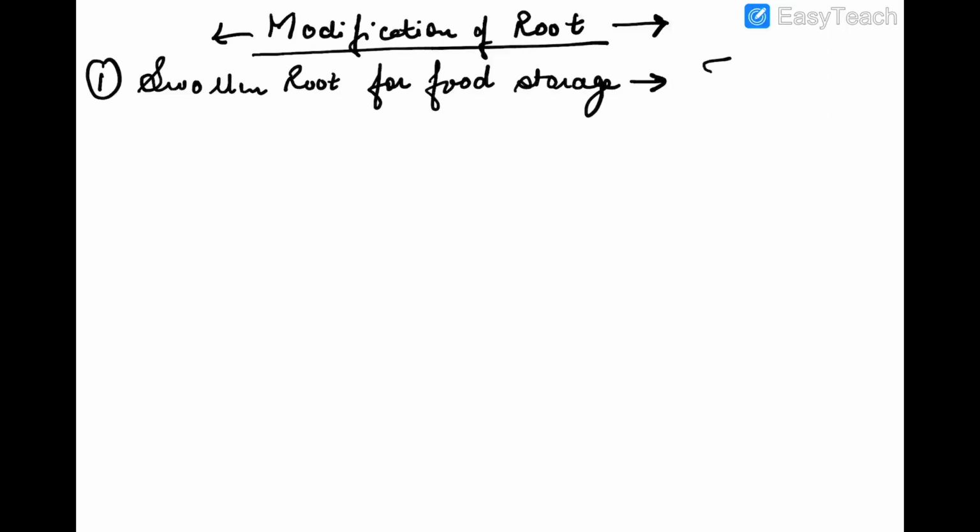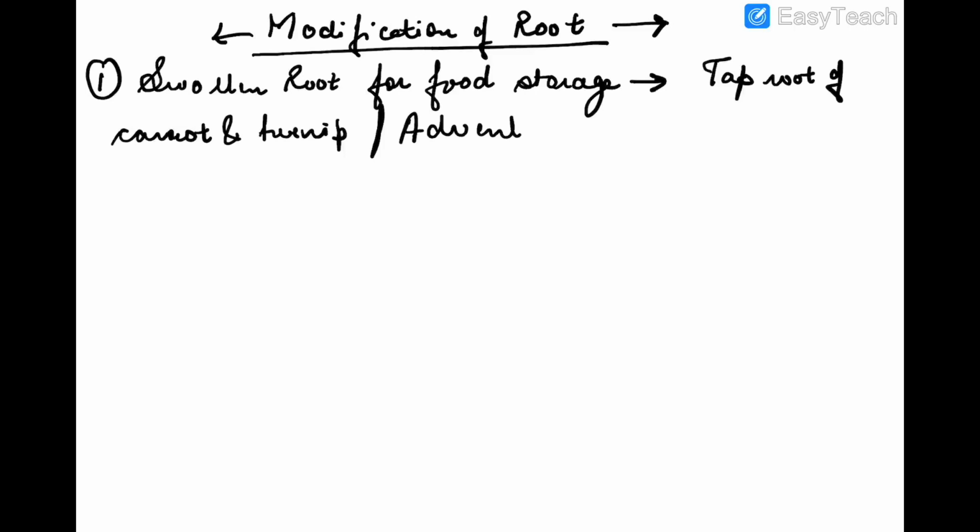Examples are taproot of carrot and turnip, and adventitious roots of sweet potato. So these are the roots which do the function of food storage.